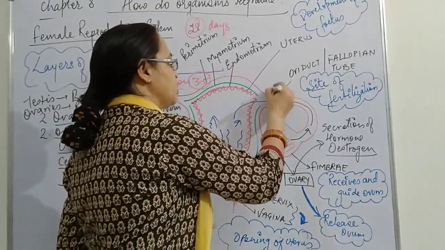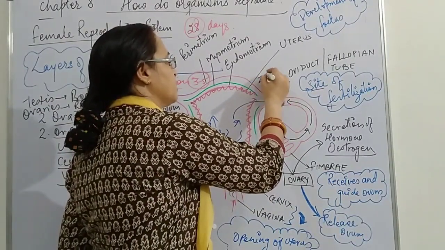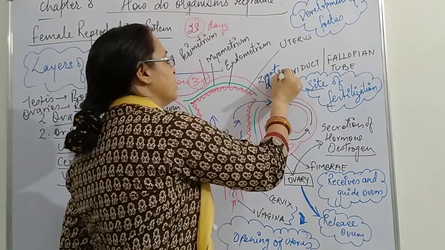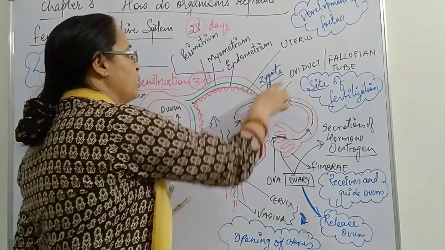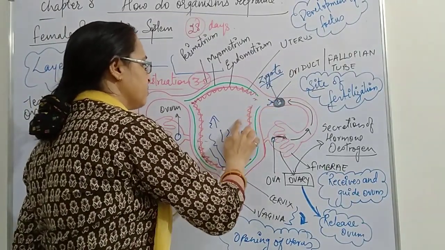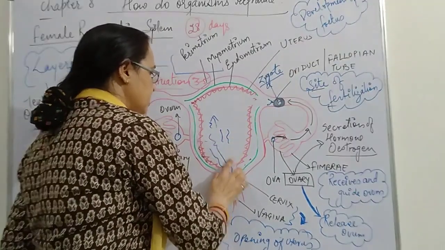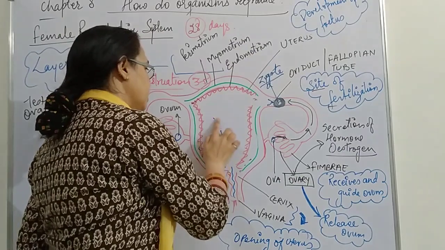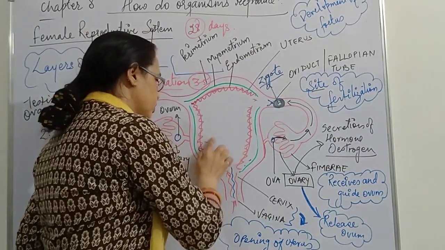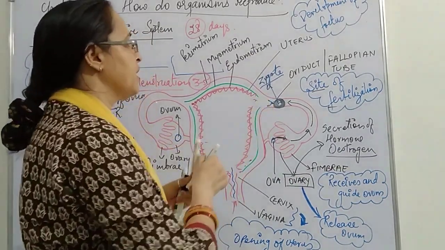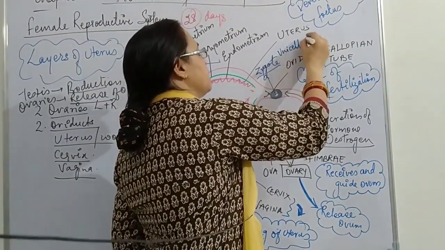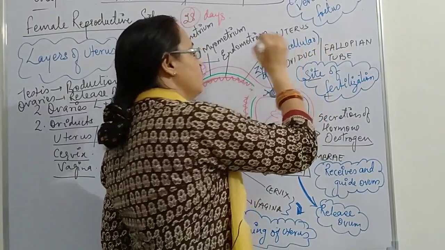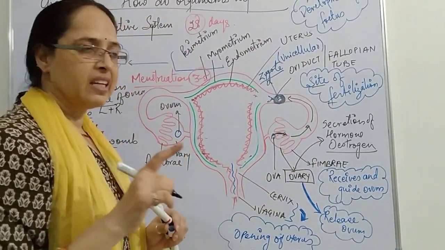That means fertilization occurs. Now this ovum has converted to a zygote. Now the zygote is what? It is unicellular, because it is a single cell.